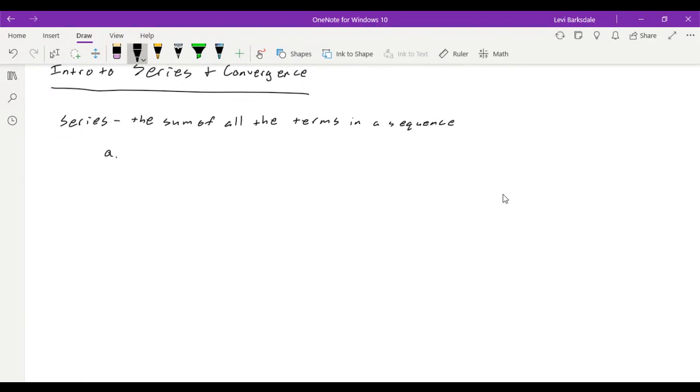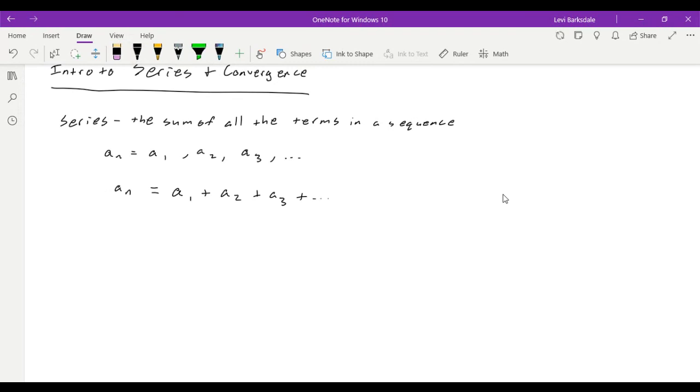So if we had a sequence a sub n, a sub 1, a sub 2, a sub 3, and so on, we could write that the series is the sum a1 plus a2 plus a3, plus every term in this series.